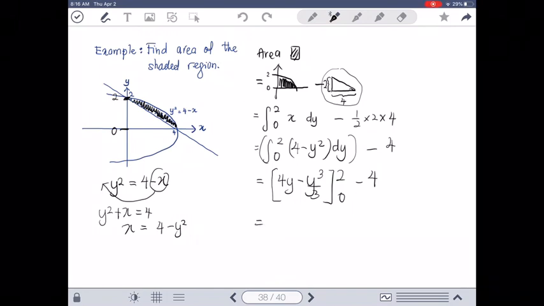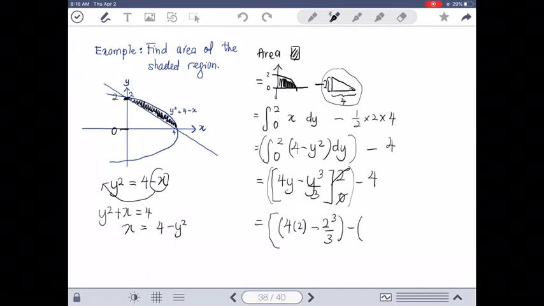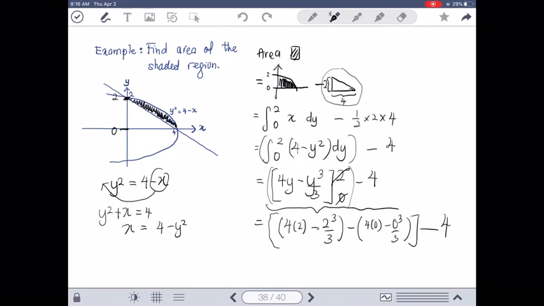So we will get the first part here, 4 times 2 minus 2 to the power of 3 over 3, minus 4 times 0 minus 0 to the power of 3 over 3, minus 4.